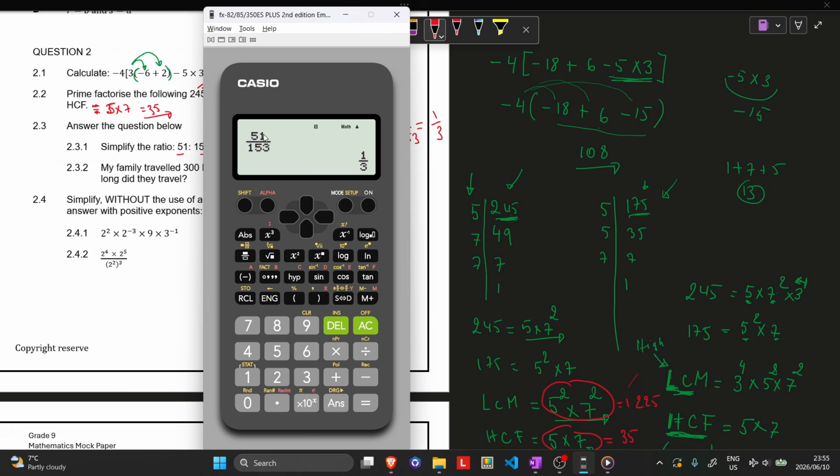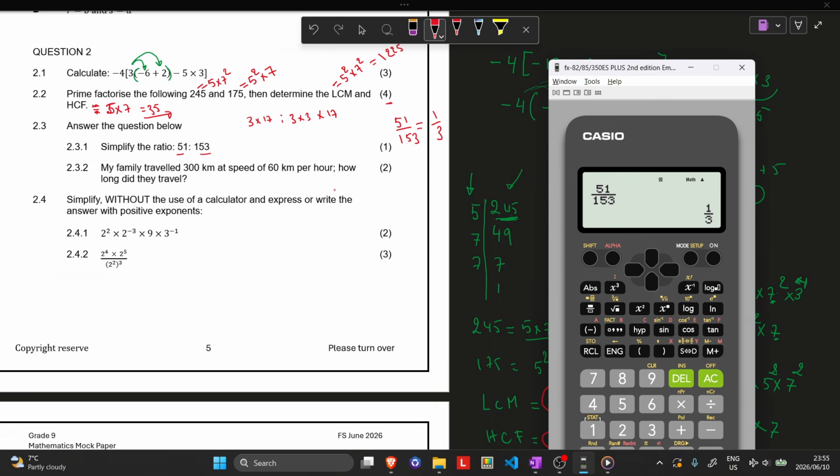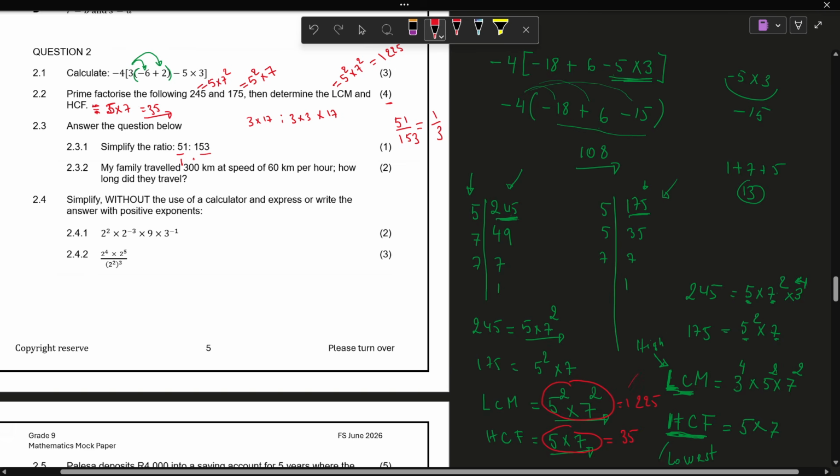Remember, the numerator represented the left side, the denominator represented the right side. So basically, we succeeded in simplifying this. So our ratio is 1:3, right? So let me write it down here. I need to remove this because it seems to suggest as if we have a fraction here. Okay. So let me do this.